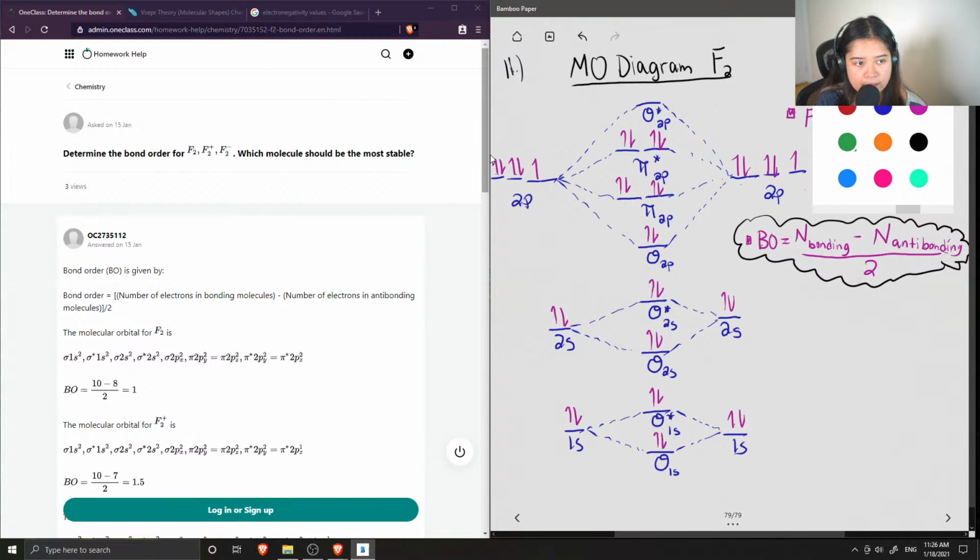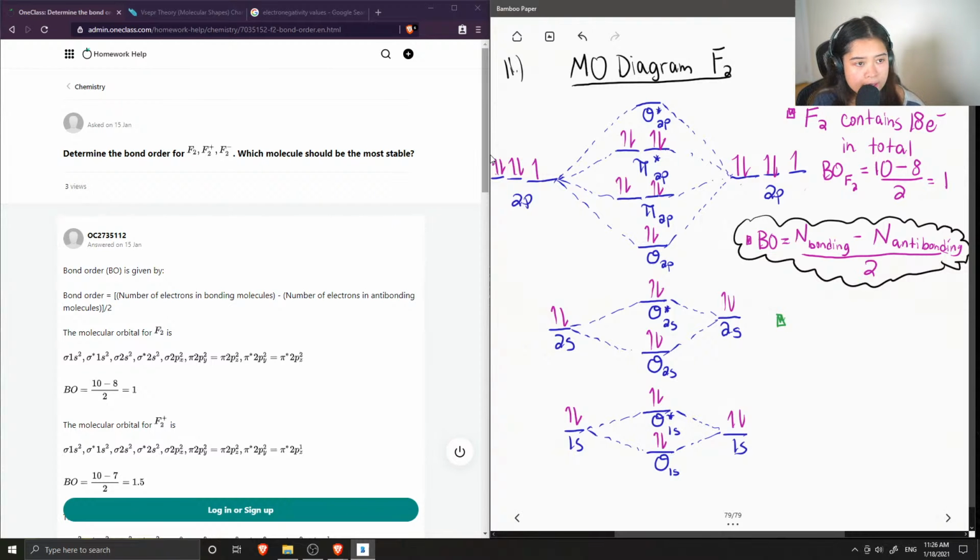So now let's see what happens if we were to gain an electron. So let's do this in green. If we were to gain an electron, then we would have, not gain an electron. F2 plus means we lost an electron. Because it's positively charged, we lost 1 electron.